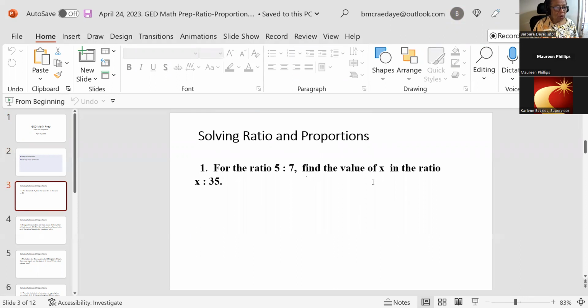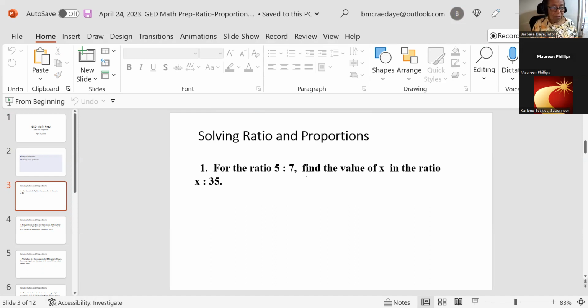Now, for the ratio 5 to 7, find the value of x in the ratio x to 35. Okay, Maureen. I'll give you a chance to solve that one and tell me what it is.